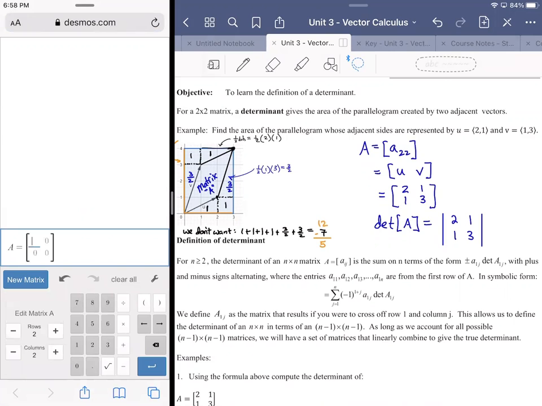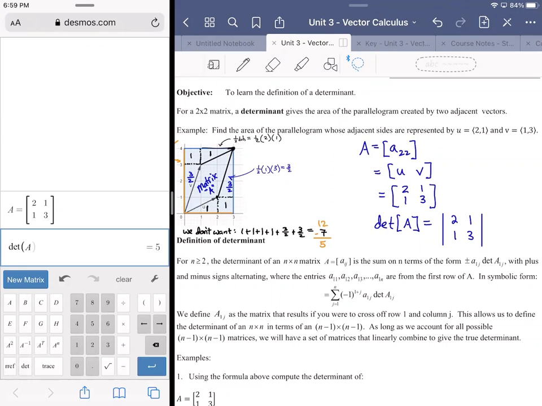It automatically defaults into matrix A. We put the matrix having components that are column vectors, which is pretty standard actually, but we have to type it in row by row. Okay, so 2, 1, 1, 3, and then determinant of matrix A gives you a result of 5, which is what we figured out.